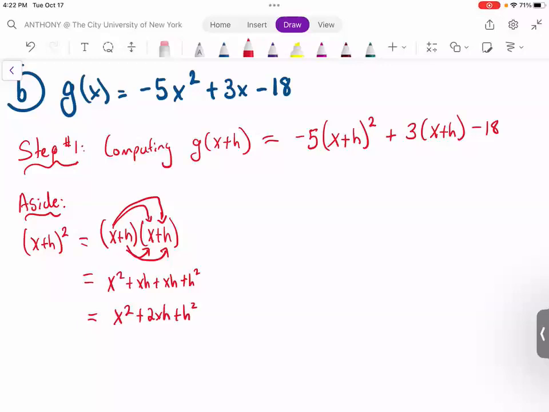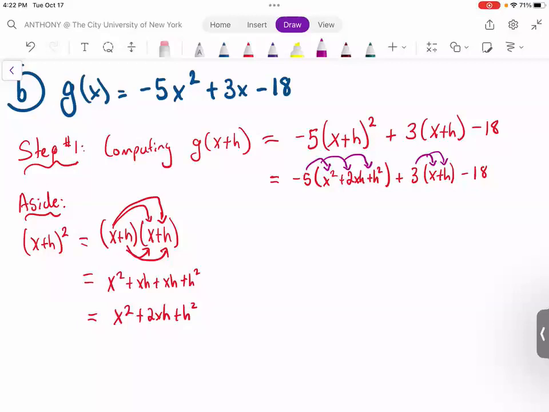So I'm going to replace that into my formula. What we're going to have is negative 5 times x squared plus 2xh plus h squared plus 3 times x plus h minus 18. Now what I'm going to do is distribute. I have to multiply negative 5 inside the first set of parentheses and multiply 3 in the second set of parentheses.